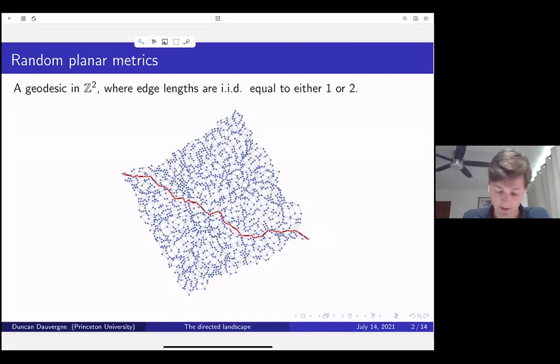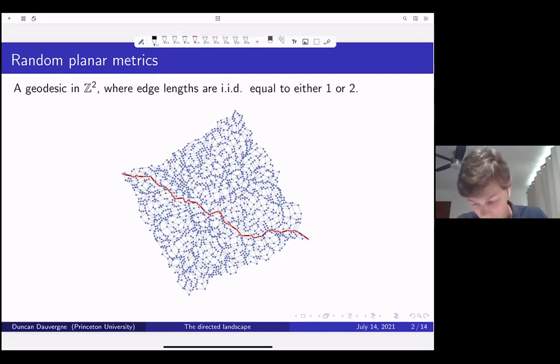Here's an example where the edges are IID equal to either 1 or 2 with equal probability, and there's a geodesic drawn between the two corners. We're interested in understanding the behavior of these metrics when you take the distances between the points to infinity.